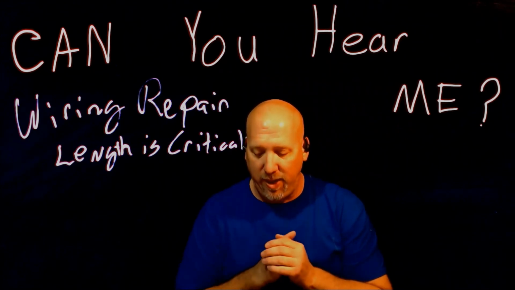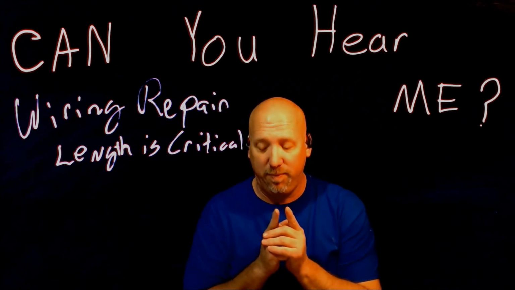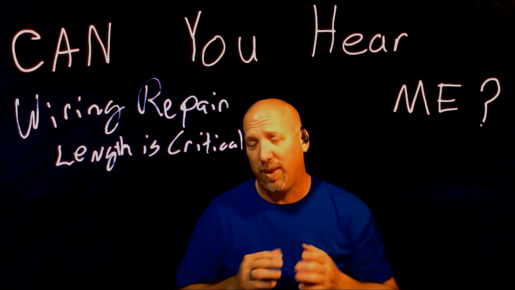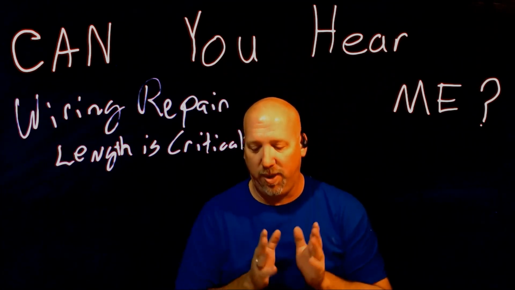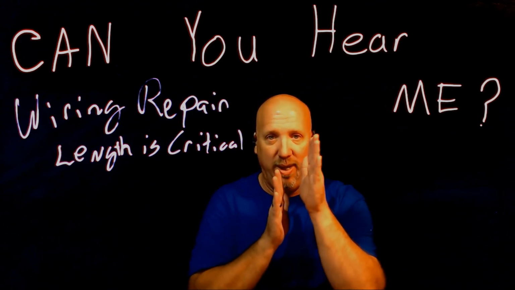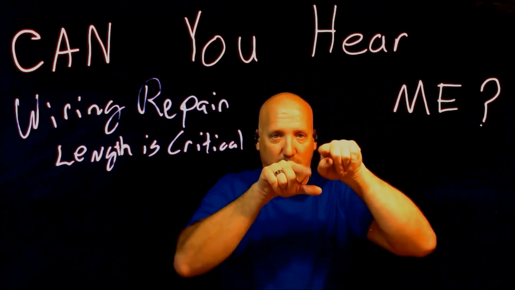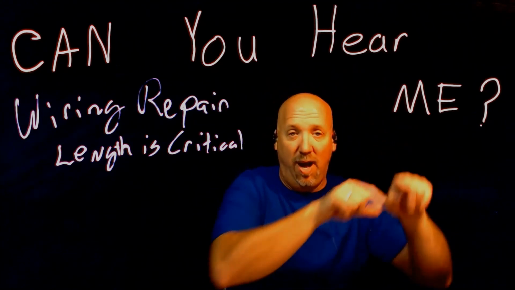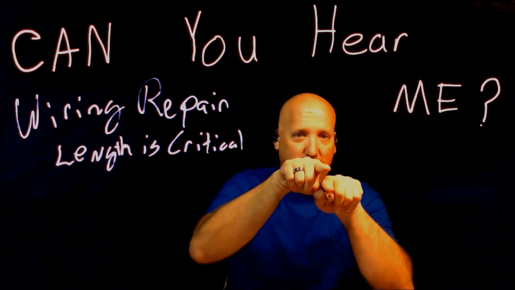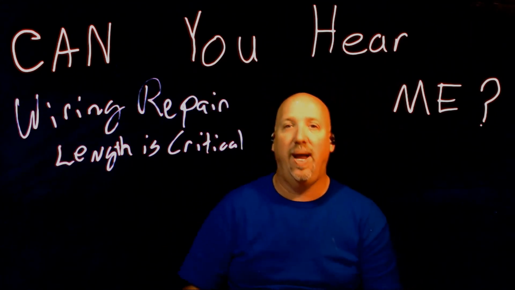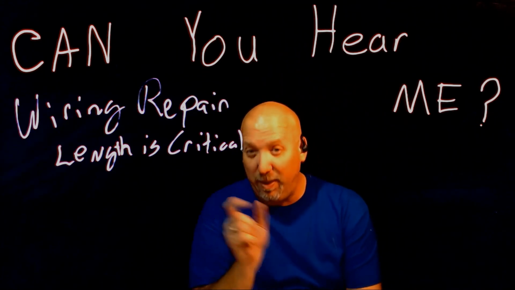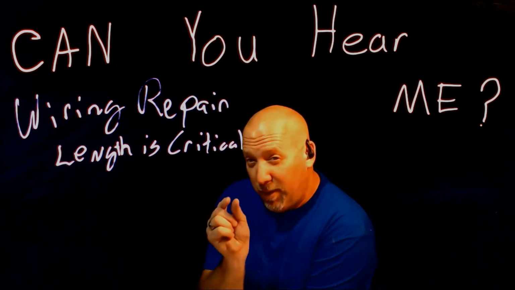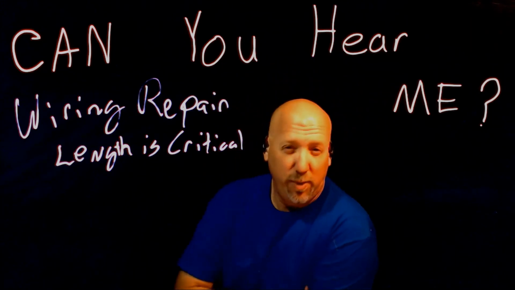Wire length variations of more than 50 millimeters in a dual wire network like this may prevent proper communications because the mirrored signals will be out of sync. Remember, this wire, that wire, it's going to be a little bit off sync. It's not going to be the same. It's going to be just a little off. I know 50 millimeters doesn't sound like that much. What does 10 millimeters look like? You know where your 10 millimeter socket is?